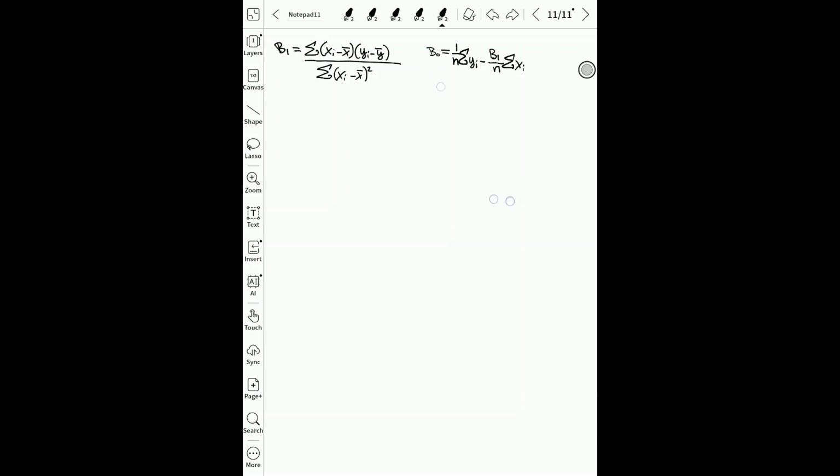So, right, beta naught is simply equal to y bar minus beta 1 times x bar, right? So we can see that once we've solved for beta 1 using the sample variance and sample covariance formulas, we can then plug that into the equation for beta naught and be on our way.